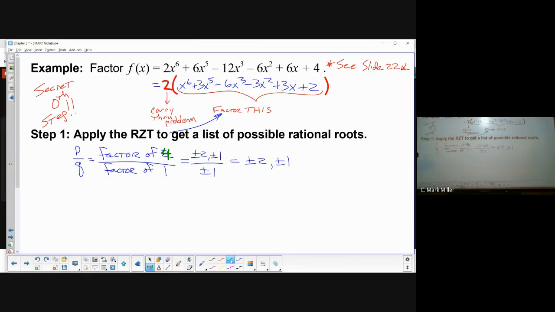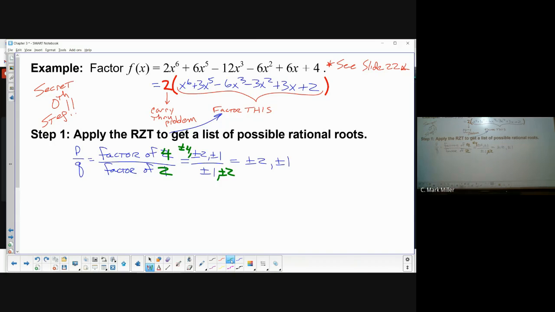Instead of the leading coefficient being a 1, it was a 2. So in the bottom, you're going to have plus or minus 2, plus or minus 1. In the top, you're going to have plus or minus 4, plus or minus 2, plus or minus 1.